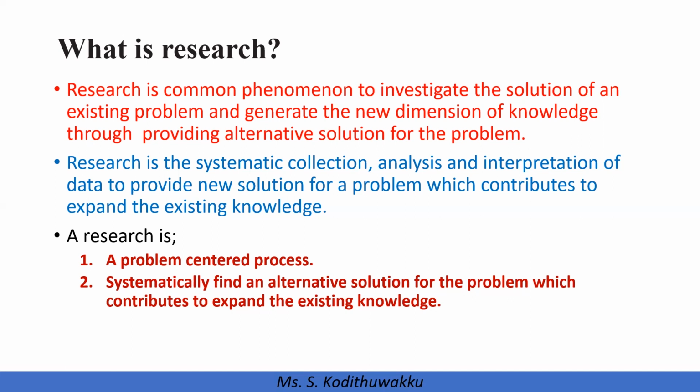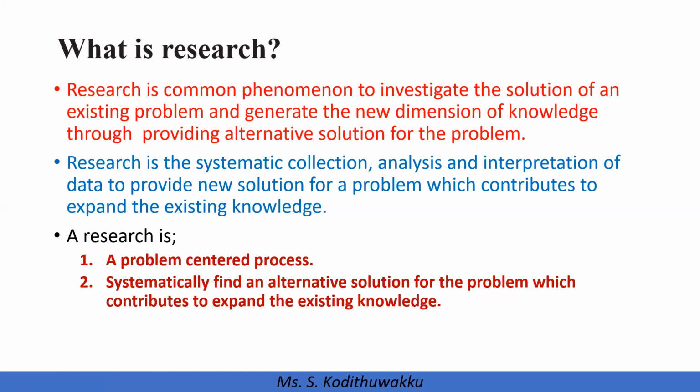So that's the thing. Then the second definition for research, second bullet: research is a systematic collection, analysis, and interpretation of data to provide a new solution for a problem, which contributes to expanding the existing knowledge. Again, all those things are available.